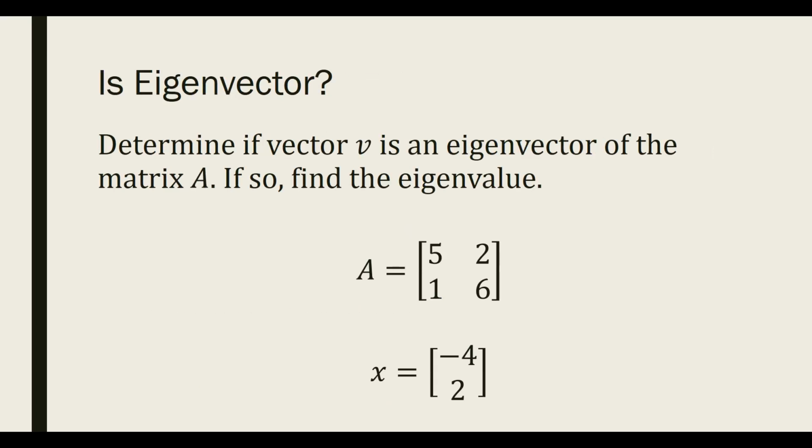So what we can do is determine if a vector is an eigenvector of a certain matrix. How we do that is we just multiply the matrix times the vector, and we see if that multiplication would have resulted in me multiplying a constant times the vector.